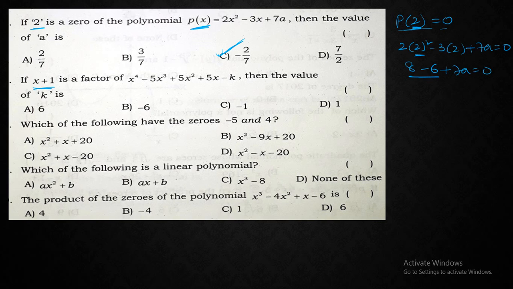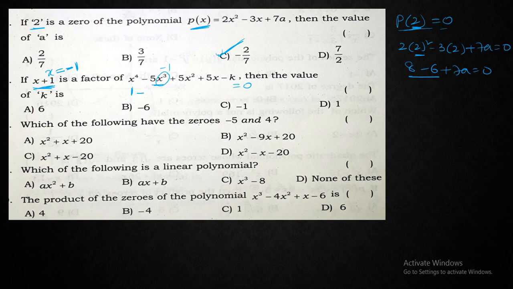Next, x plus 1 is a factor. So x plus 1 is a factor means what do I need to substitute? x is equal to minus 1. If I substitute x is equal to minus 1, this will become 0. So minus 1 whole power 4 gives me plus 1, right? So this is plus 1 minus 5 into x cube. So this x cube is nothing but minus 1.